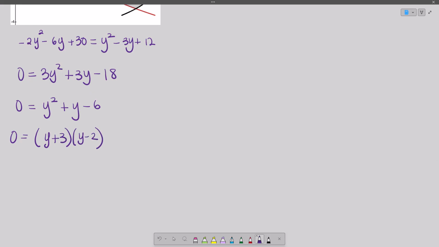Double check using the FOIL method. 3 times negative 2 is negative 6 right there. We get the y squared in front, and then the inner is positive 3y, the outer is negative 2y. That's going to combine to positive y. So the zero product rule then says that y is negative 3 or 2.